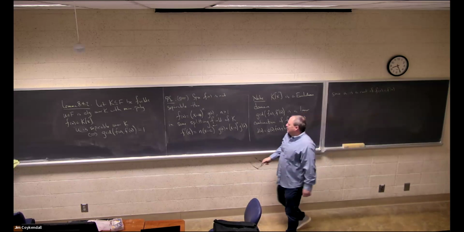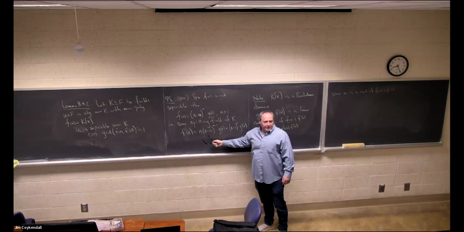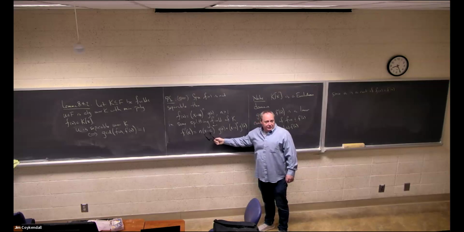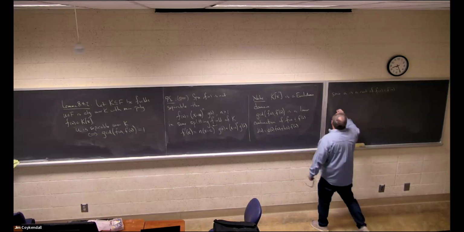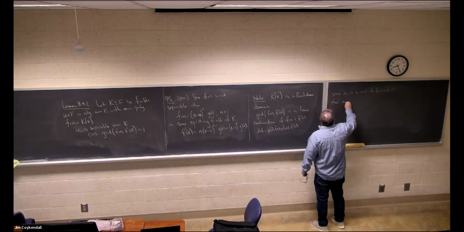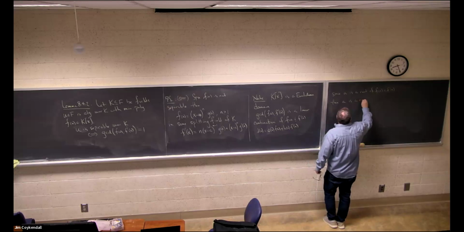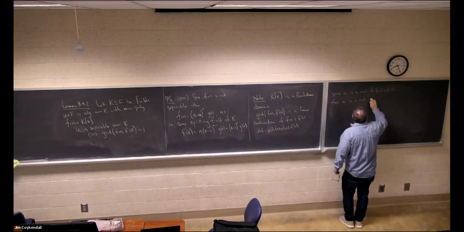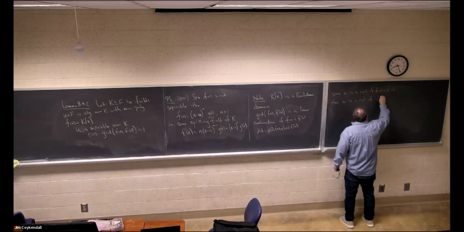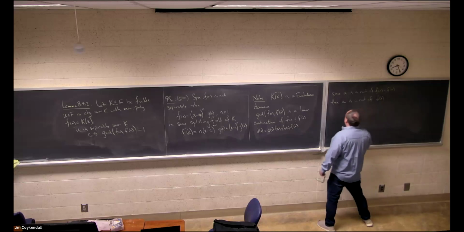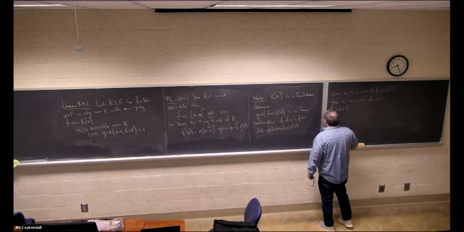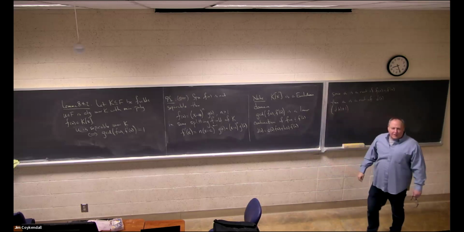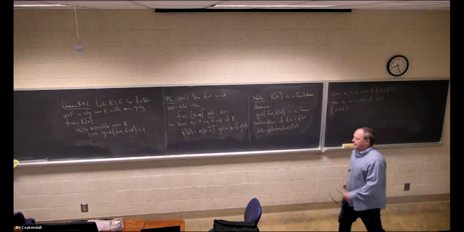Clearly it's a root of both of these because n is bigger than one. So I've got at least one factor of x minus a in both of these. Then a is a root of d of x, so d of x is not one. So that establishes one direction.